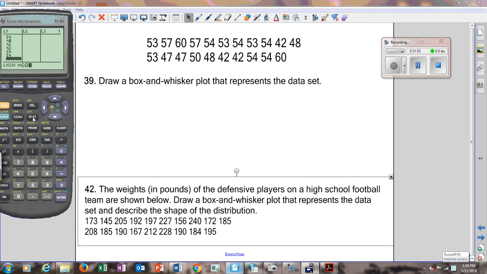And one var stats. And now we have our 5 points for the box and whisker: your min, Q1, median, Q3, and your max. So we do a number line and just draw the box and whisker plot over it. I think most of you know how to do that.